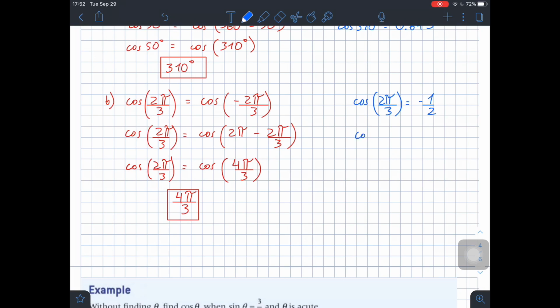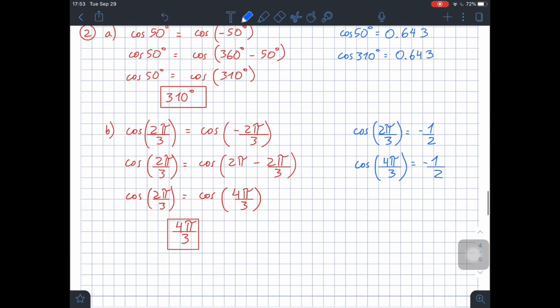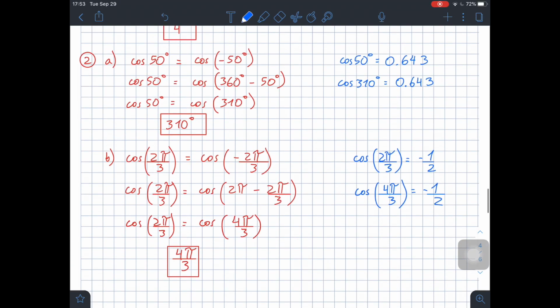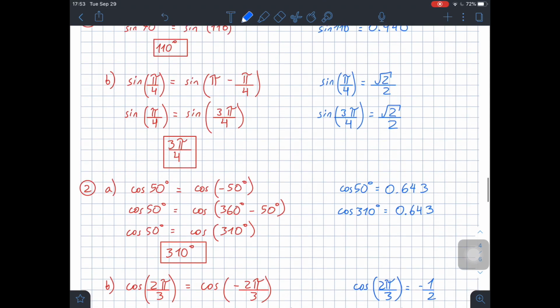And if I calculate cosine of 4 pi over 3, I should be getting the same result. So cosine of 4 pi over 3 is equal to negative 1/2 as well. So with this, we make sure that we did the exercise correctly. Okay? So I hope this is getting clear for you people.